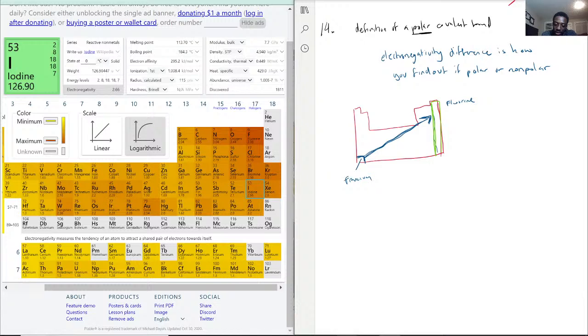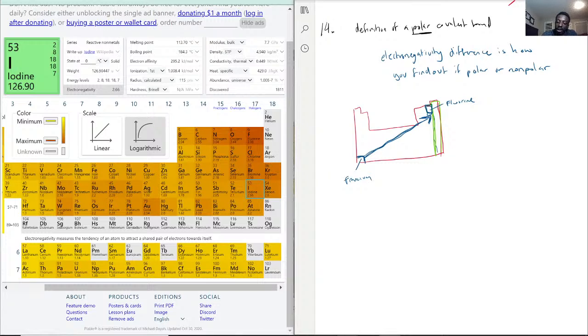So let me redraw that. This is fluorine in this corner, the topmost, and francium is the bottommost on that end. Point being, this is the electronegativity relationship. It increases that way.